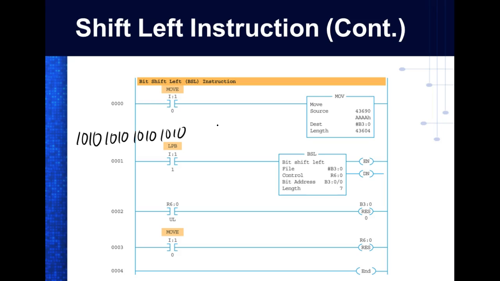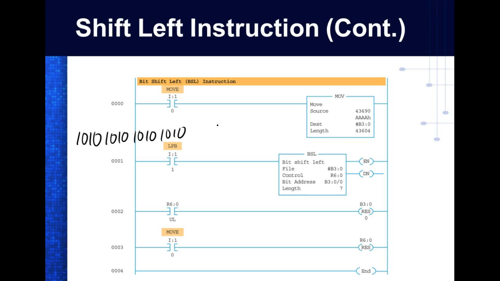Now, your control register is always going to be R6, and this is the first time we've used the R6 data register. It's used for special instructions, especially a lot of instructions that deal with index addressing. This is going to hold some flags for us, and one of the flags it's going to hold is called the unload flag.